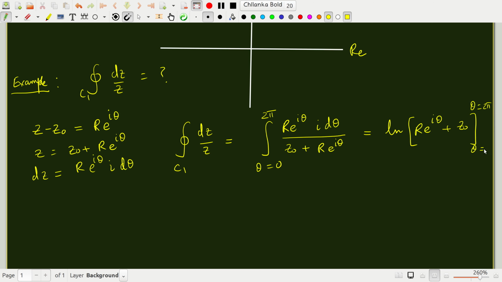Therefore this integral of dz by z is ln, and I have to substitute theta equal to 2 pi and 0. e to the 2 pi i is 1, so this is ln of R plus z naught, minus the lower limit, which is still R e to the i 0, that is also 1.